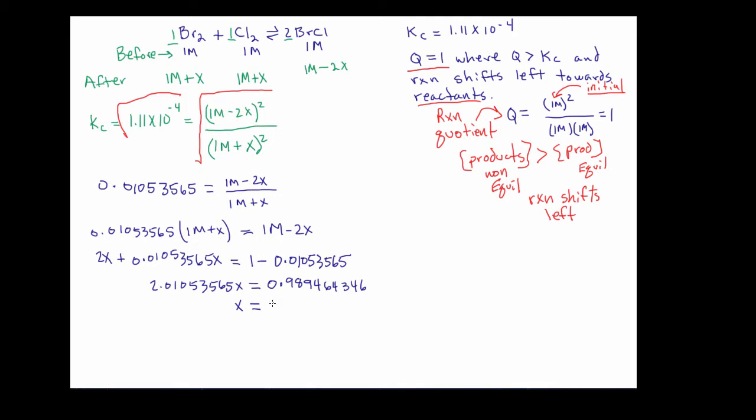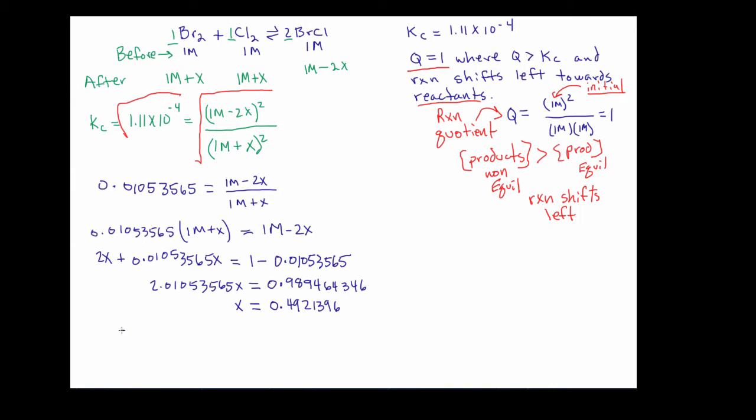And then finally my x value is going to be 0.4921396. This should be the x value. Alright, now let's go ahead and calculate our equilibrium concentrations.